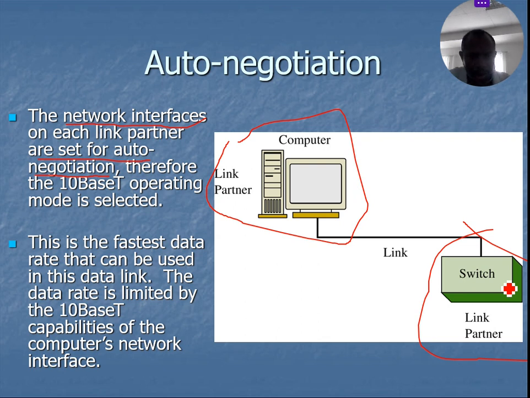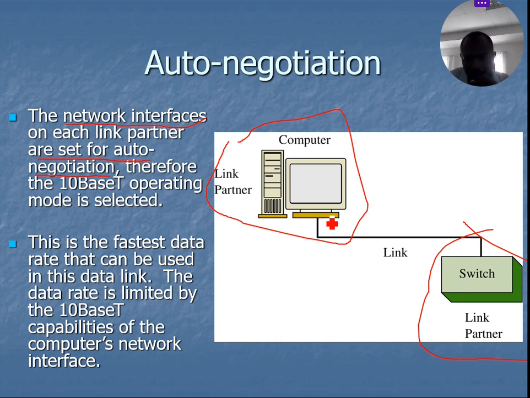So this is the fastest data rate that can be sent. What this means is that between these two, the fastest data rate that can be sent through this link is 10 megabit per second. The highest speed of sending data between these two devices on the network is 10 megabit per second. Remember, 10 megabit per second means 10BASE-T.